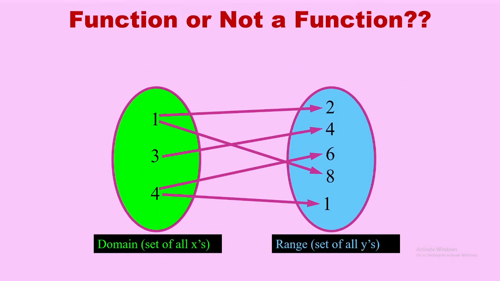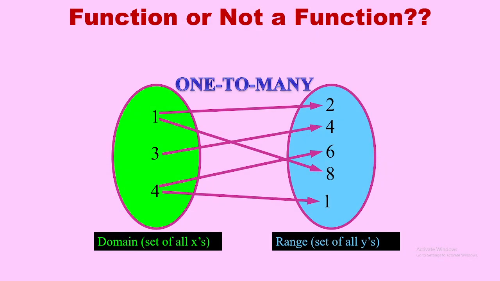Let's go to the one-to-many function. Rather, relation, not function. The one-to-many relation. As you can see, the number 1 is paired with 2 values in the range.